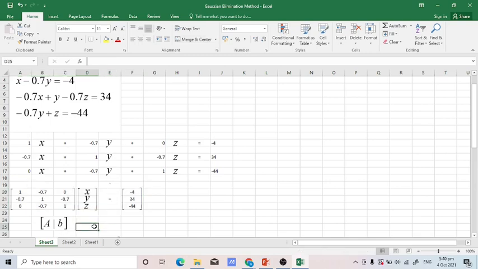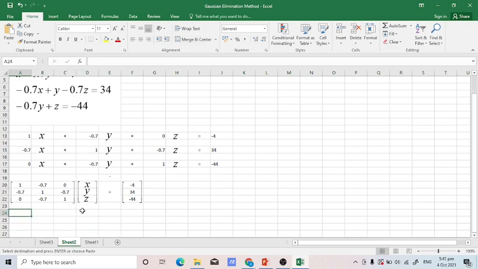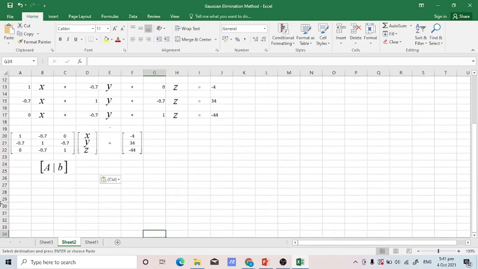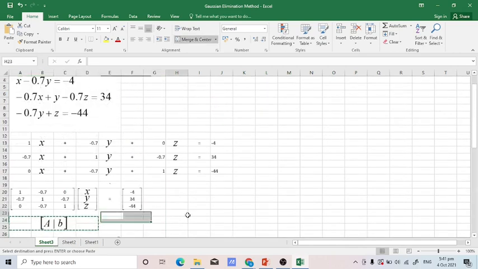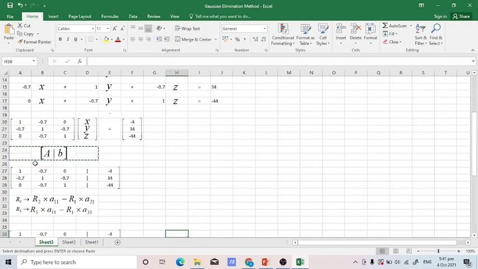And then, gawin na natin yung augmented matrix natin.